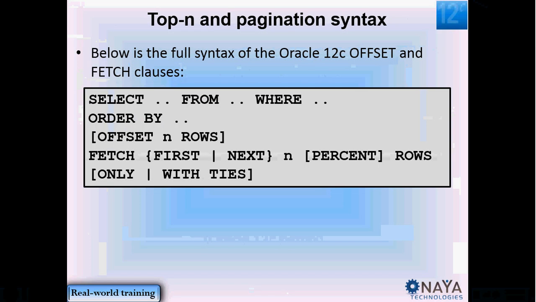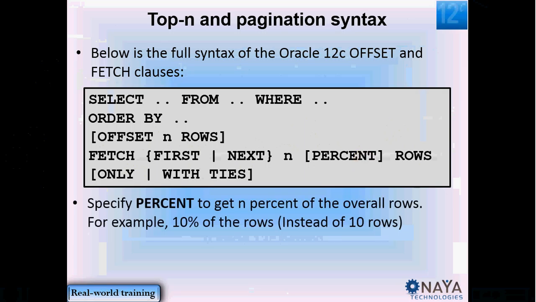If we take a look at the full syntax, we can see that we have the optional offset clause. If we omit this, we will start at the first row, and the fetch clause, either fetch first or next n amount of rows. And we also have the percent option, should you wish to fetch the first n percent instead of the first n rows.